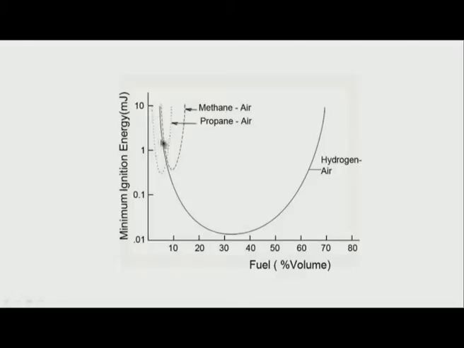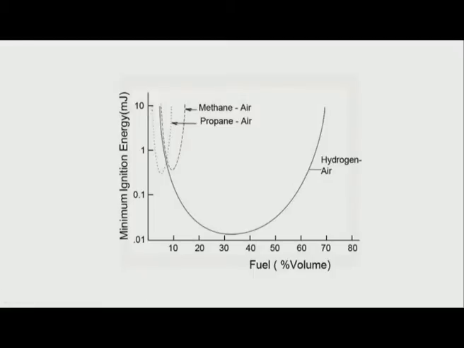Whenever spills take place, we get only lean mixtures being formed, and therefore from these curves we get a feeling that hydrogen air mixtures formed by leaks are not that dangerous after all. It is as dangerous as any other gas which comes over here.